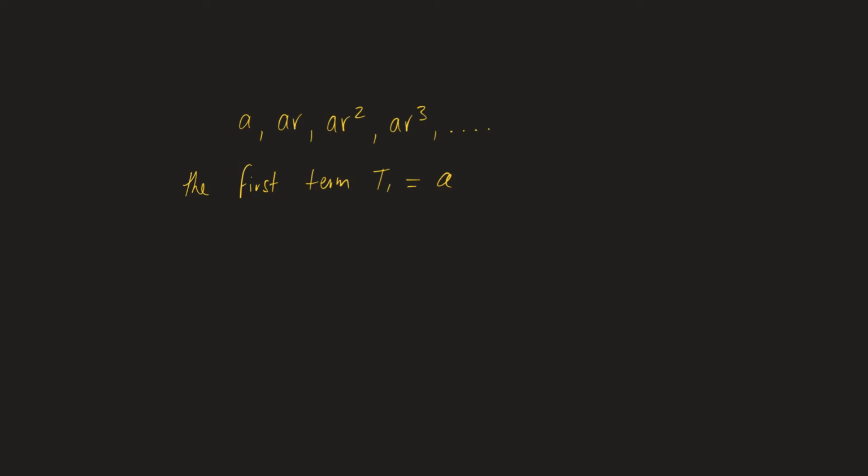If I take the third term T3 over term 2, that's AR squared over AR. We can cancel the A's, and then R squared divided by R gives us R. So the common ratio is R.